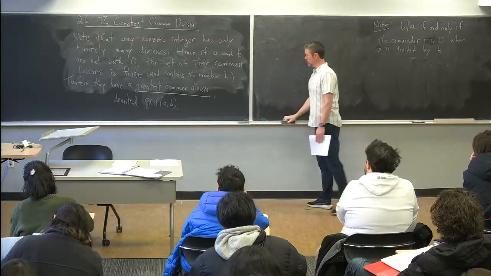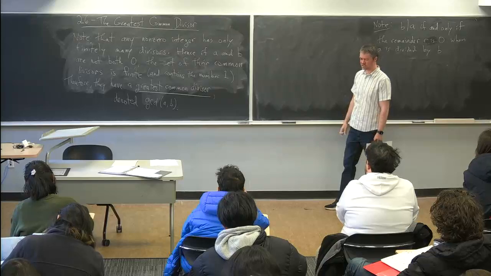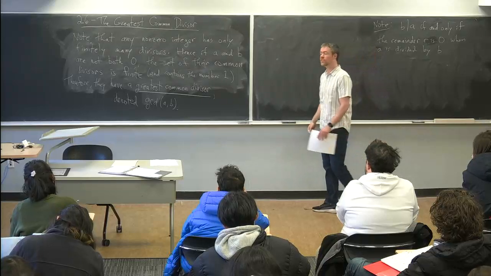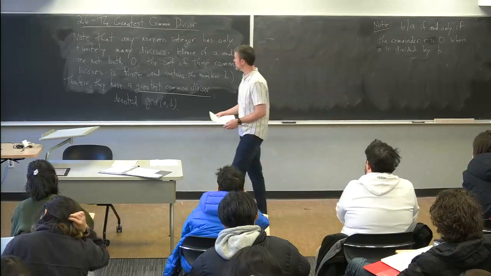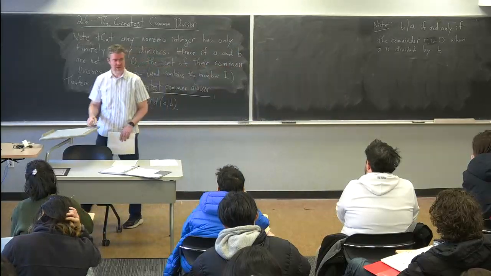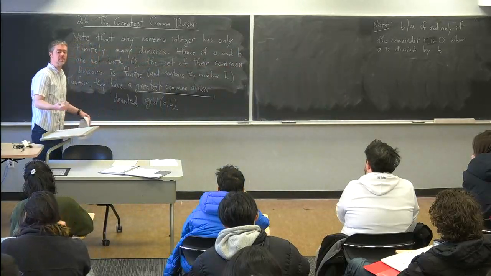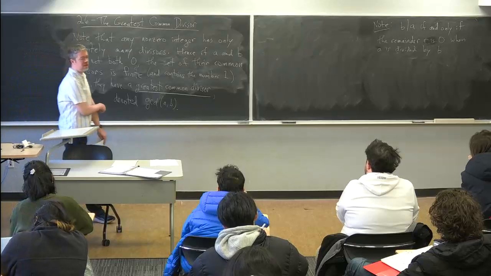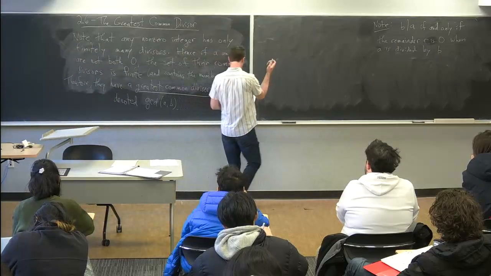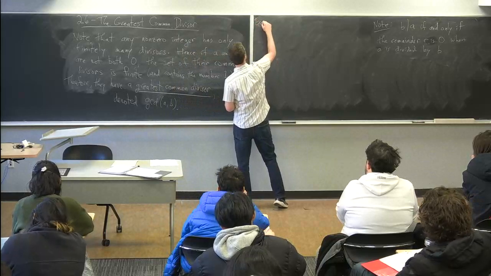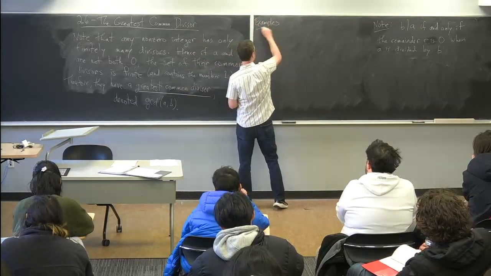We can just figure them out because the numbers are small and we don't have to think too hard. A little bit later, we'll have a nice algorithmic way to compute these things, like perhaps if we have really large numbers. So let's put a couple examples up.